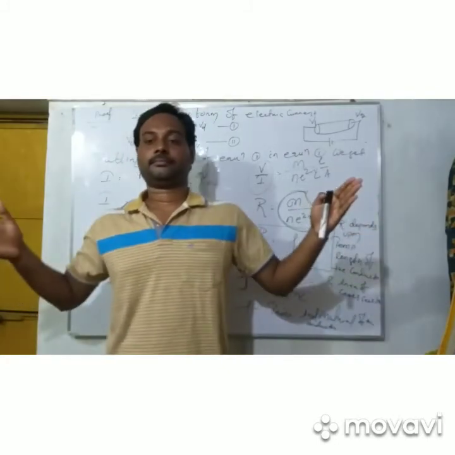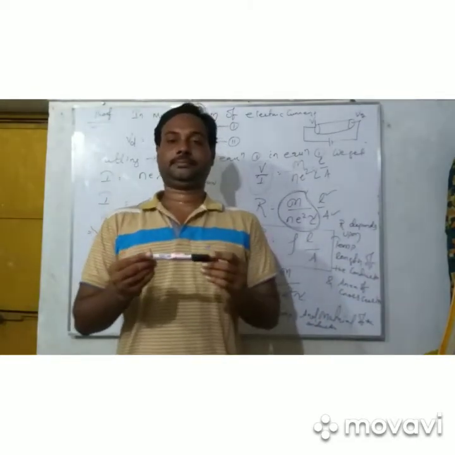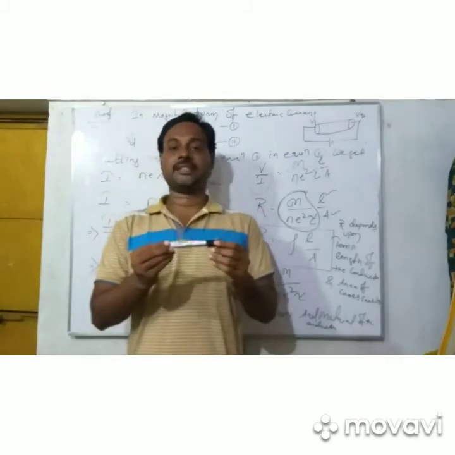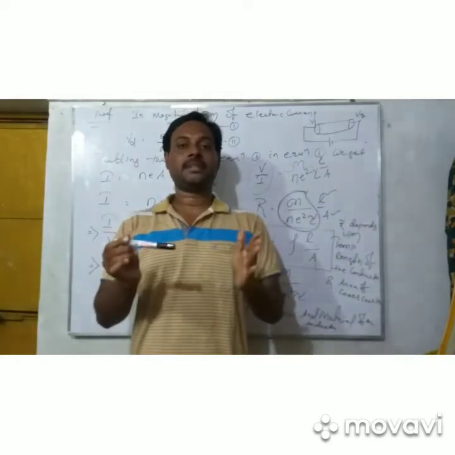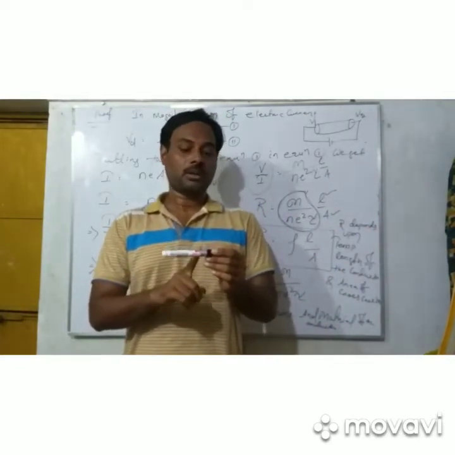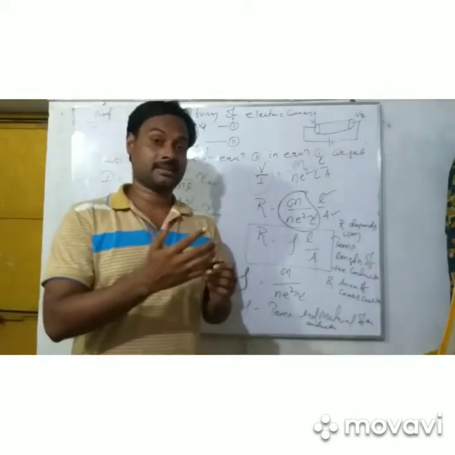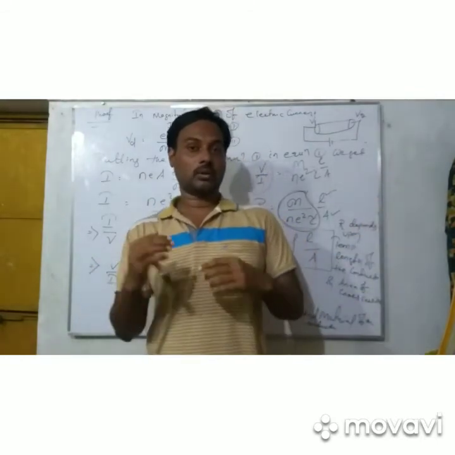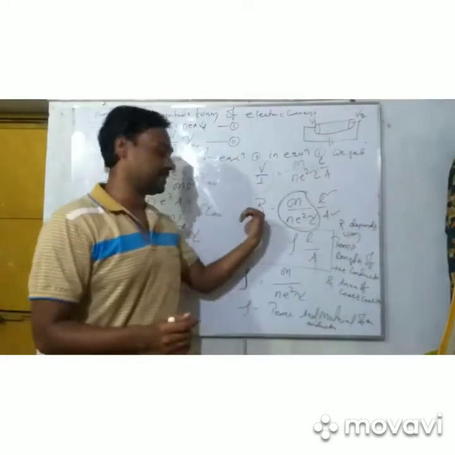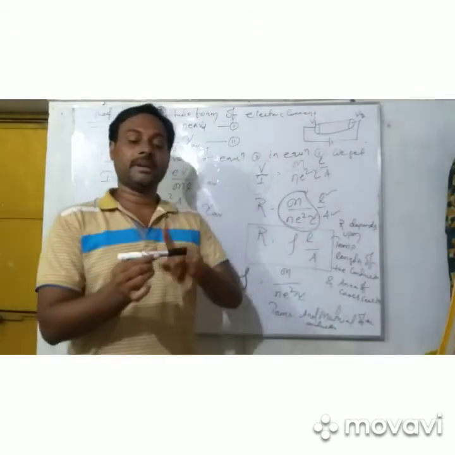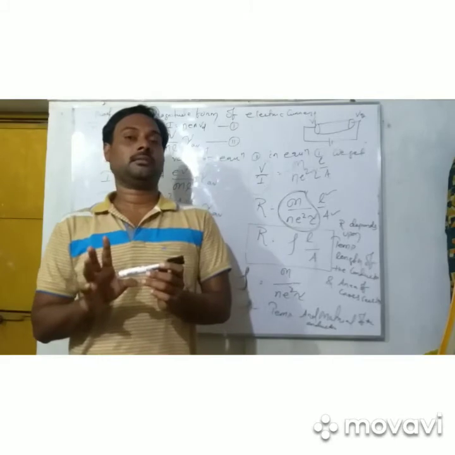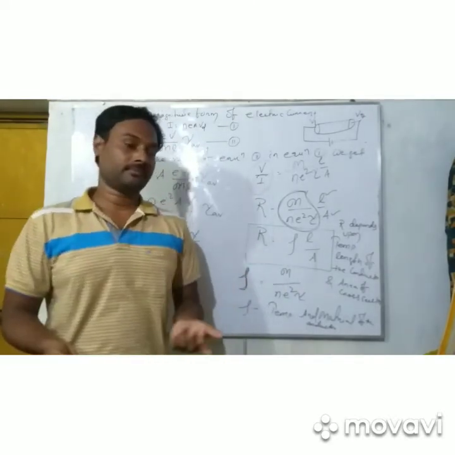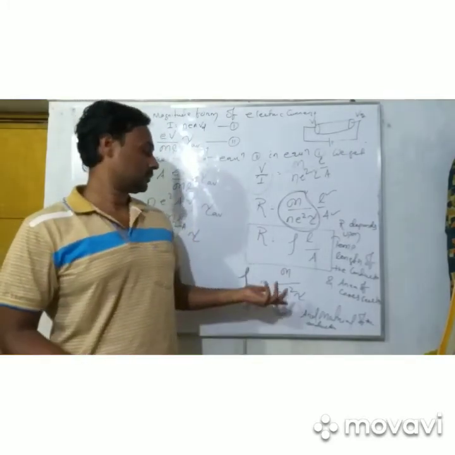In that case, for a given temperature, if you compare resistance, the resistance changes for that wire and that wire, but the resistivity of the material remains constant, because the material is copper. The resistance changes because the long wire has increased length and decreased area. Clear? So length and area change, that's why resistance changes. But the resistivity remains the same, because both are copper wires. In that case, their free electrons remain the same, the relaxation time is the same, the number of electrons per unit volume remains the same, and the charge of the electron remains the same.